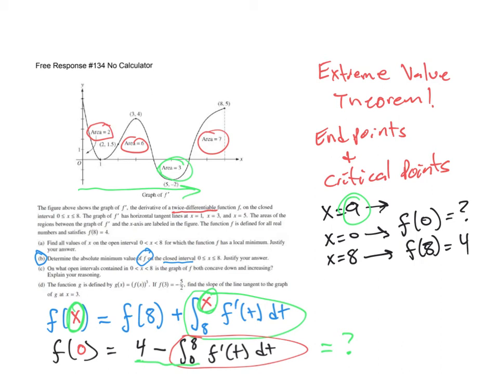You'll have f of a, your y value that's associated with your answer from letter A. You'll finish off my f of 0, and you'll have a y value there, and then you'll have the 4, and you pick the lowest one. The lowest one is going to be our absolute minimum. We just list those y values, pick the lowest one, and that's the absolute minimum. Okay, those are my hints for letter B. We'll get a clean slate, and we'll move on to letter C.